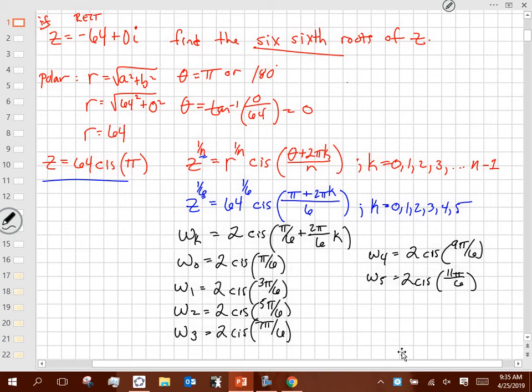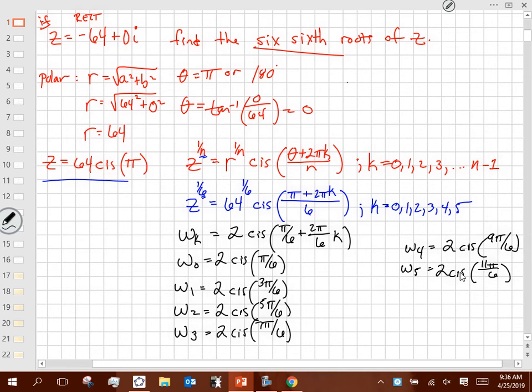Does that make sense? It's not too bad with this one. Remember what this means here. It means 2 times cosine of pi over 6 plus i sine of pi over 6, right?